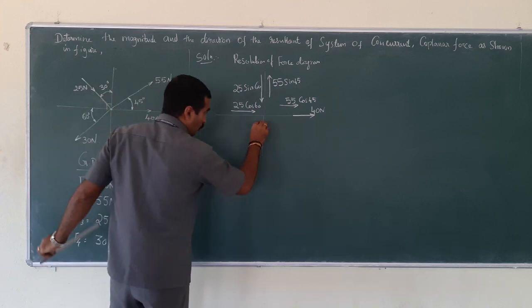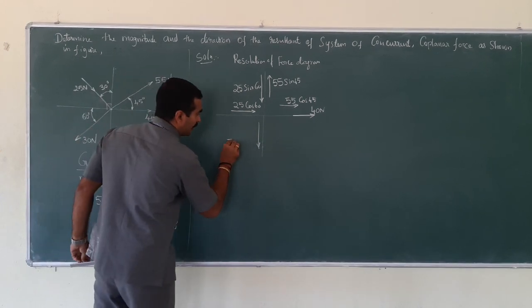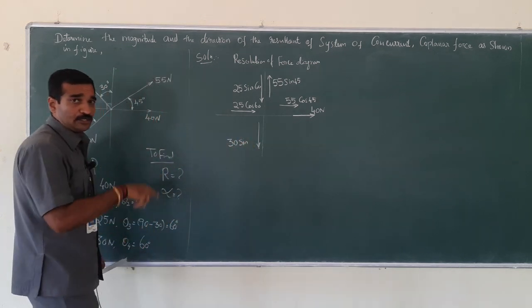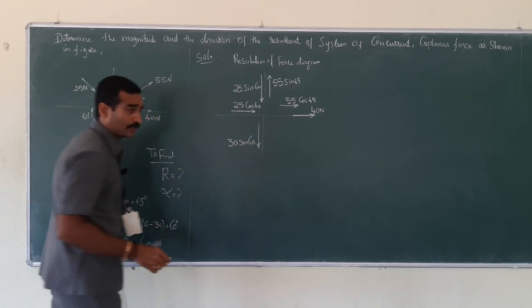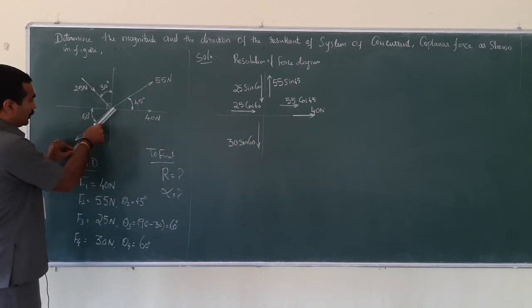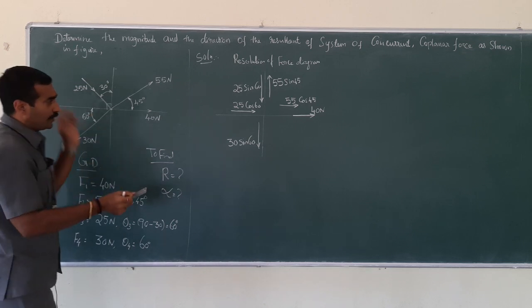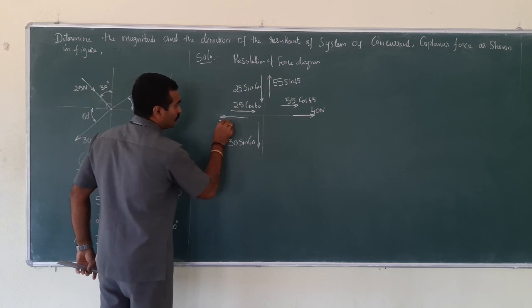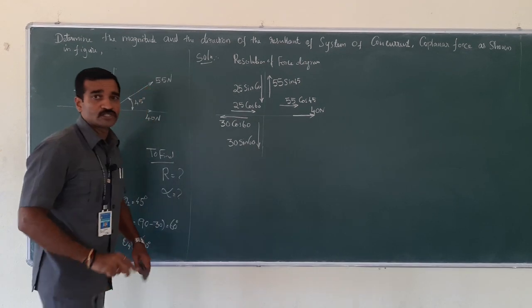So, the arrow would be facing vertically downwards, and the magnitude is 30. As it is vertical, you should have the sine component, sine 60. What about its horizontal? If you just rotate to the nearest horizontal, it should be outwards from this point. So the magnitude is 30 cos 60.